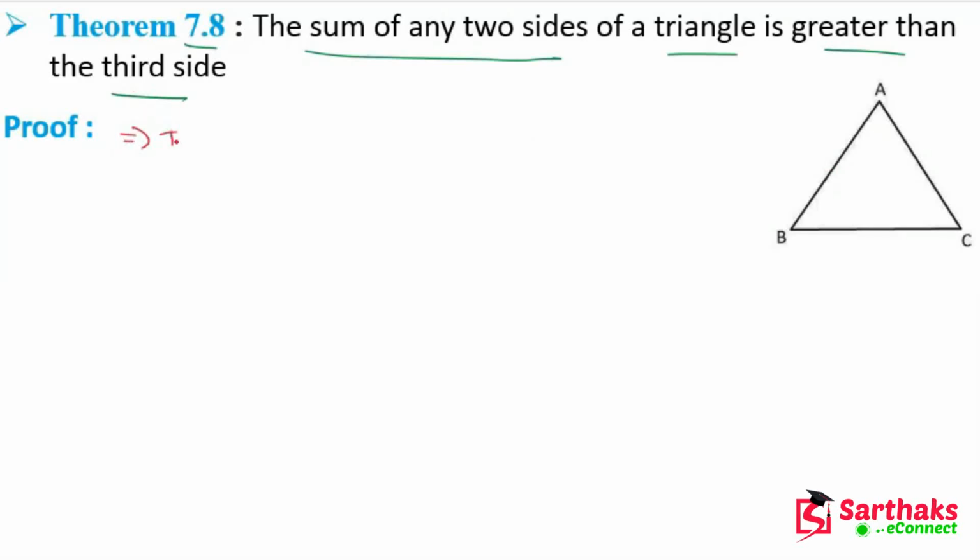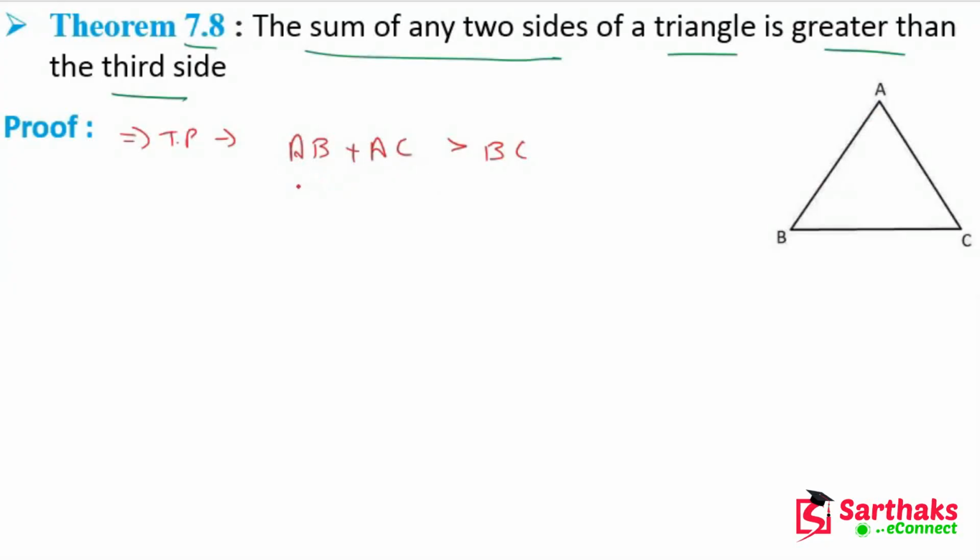We are taking AB plus AC, and the sum of these two sides is greater than BC. We can take AB plus BC, which is greater than AC. We can take AC plus BC, which is greater than AB. Here we are taking AB plus AC, which is greater than BC.